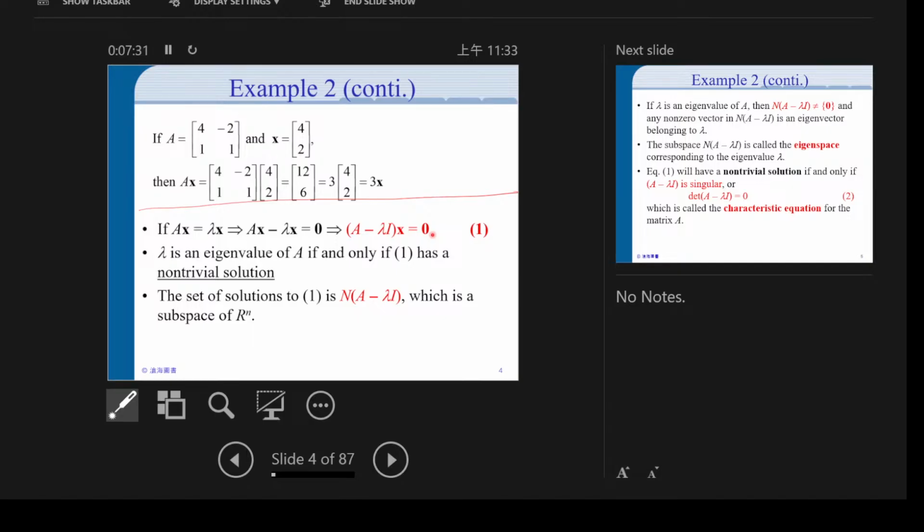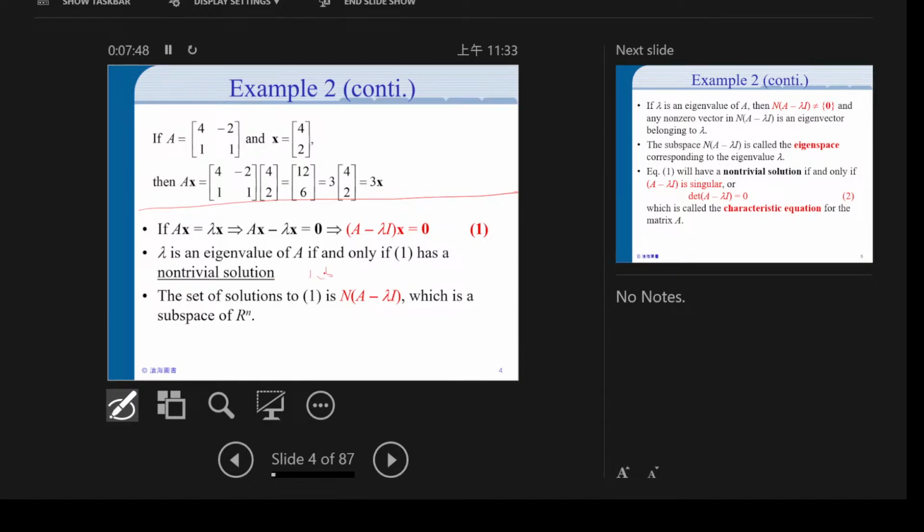Okay, so we have that lambda is an eigenvalue for A only if this equation has a non-trivial solution. And then we can go back to our favorite theorem.